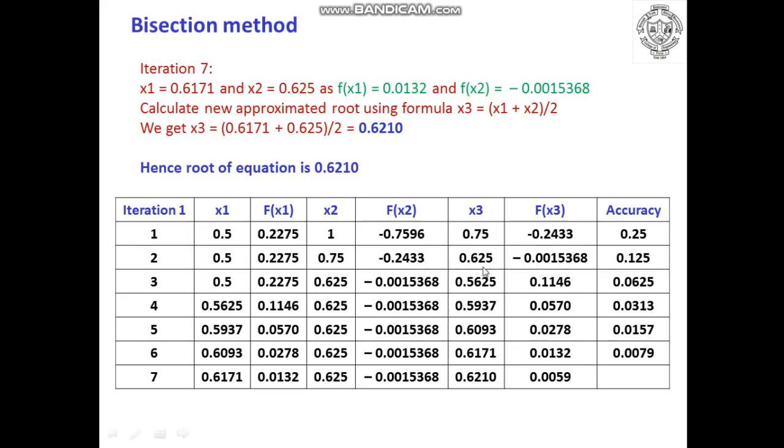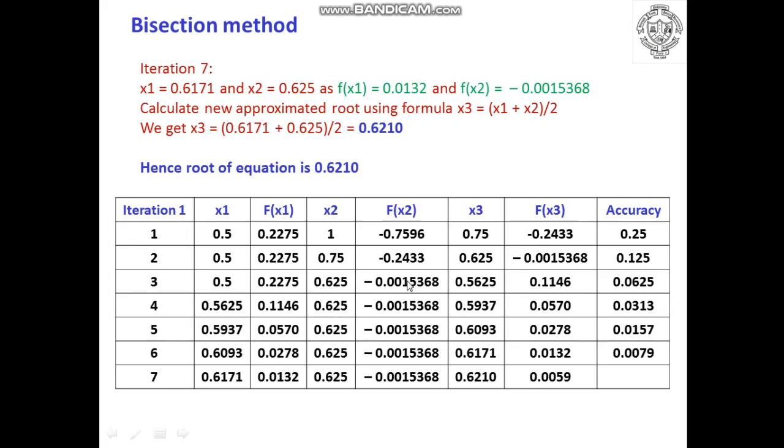So this value of 0.625 is taken as the value of x2 in the next iteration, where x1 remains the same at 0.5. You find x3 by taking the midpoint of 0.5 and 0.625. The answer is 0.5625, and the corresponding function value is positive.